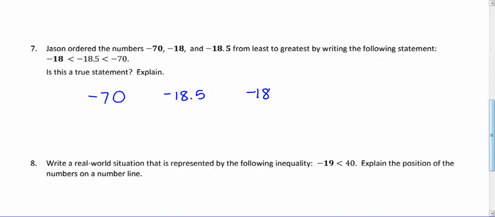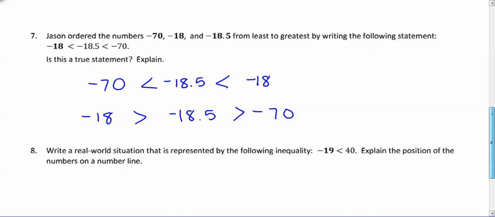Tucker. Very good. So negative 70 is less than negative 18 and 5/10, which is less than negative 18. Very good. Now he also could have done it the opposite direction here, although he would be listing them from greatest to least. But if you were to write it that way, negative 18 is greater than negative 18 and 5/10, which is greater than negative 70.